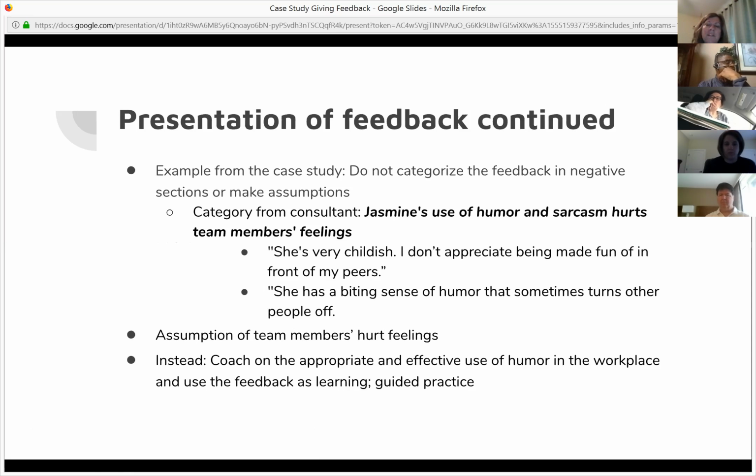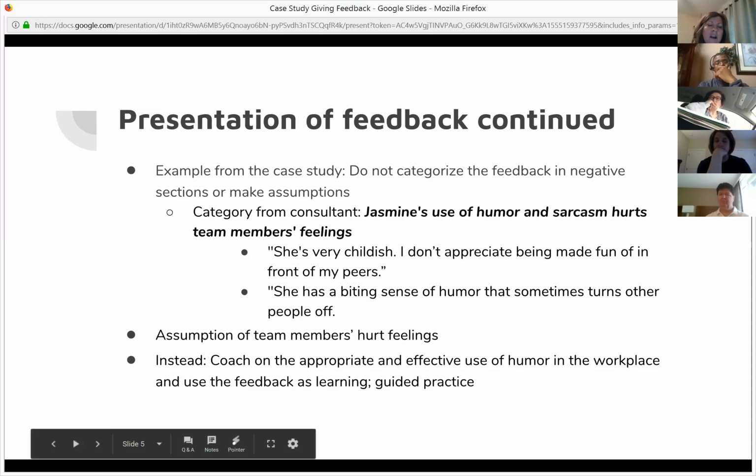Where the consultant made a heading that said, Jasmine's use of humor and sarcasm hurts team members' feelings. Well, that's an assumption. No one said my feelings are hurt, but the consultant said hurts team members' feelings from those comments. So we think it's important for the consultant to be aware of that and not read into comments and then make assumptions that could have a negative effect. So assumption of team members' feelings is there.